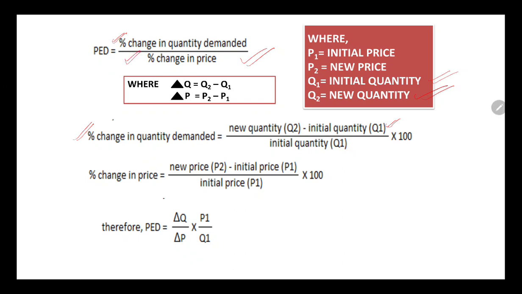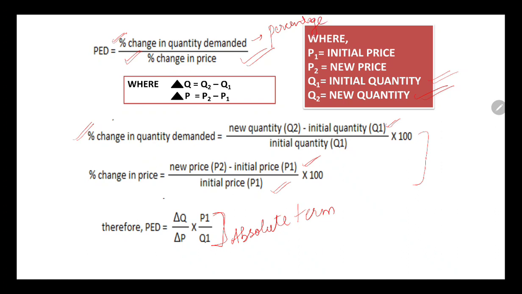Similarly, let's elaborate the denominator also, which is the percentage change in the price: the new price minus the initial price, divided by the initial price, into 100, because this portion is mentioned in absolute terms, but over here it is in percentage.